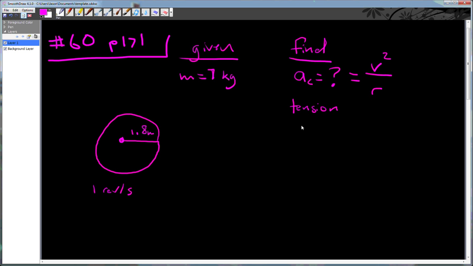If you remember, tension is a force, so that's going to be your force centripetal. And that's equal to MA, if you remember from previous chapters.